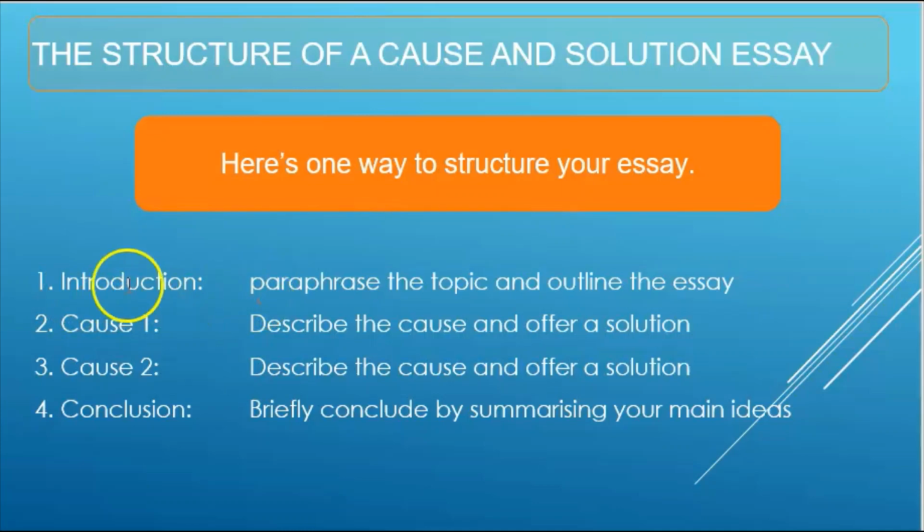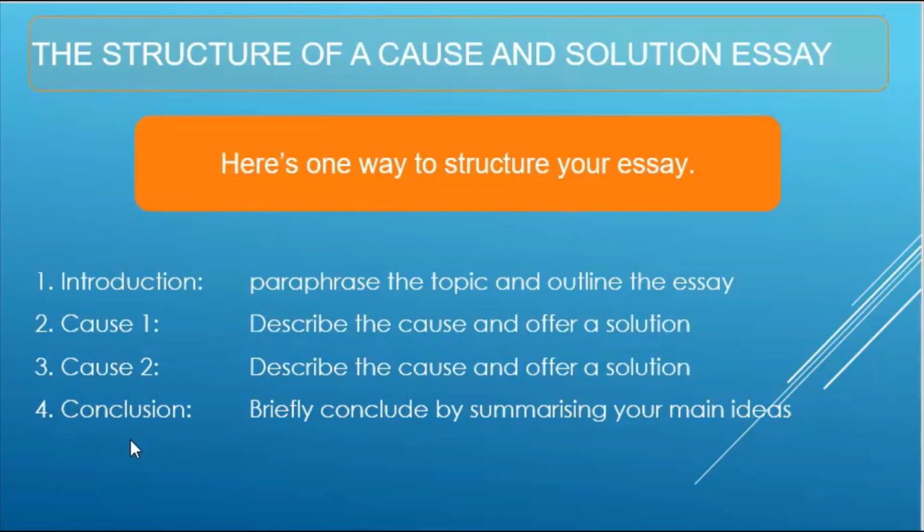Then your first main body paragraph is your first cause with the solution. And the third paragraph is your second cause with the solution. And then your 4th paragraph is your conclusion. So briefly conclude by summarizing your main ideas.